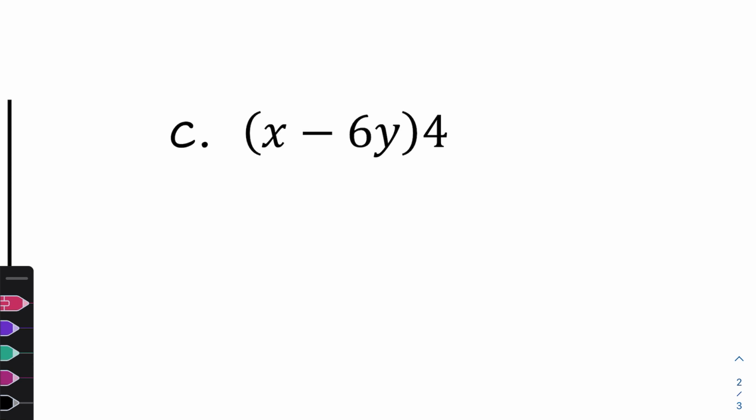With that being said, it does not matter if the number that we are multiplying by, that constant term, is on the left side or the right side, because remember, multiplication is commutative. So if we have the value on the right-hand side, the problem is no different. I still have to take that value times each term inside the parentheses.